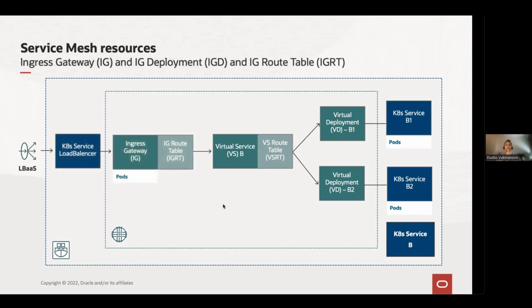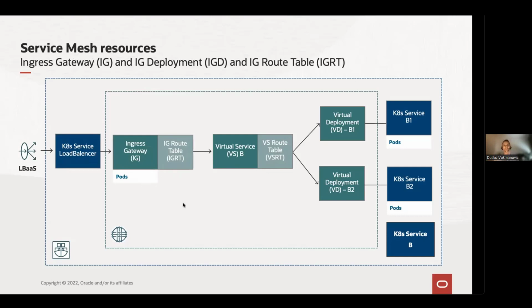And then the way you expose to the external customers is using Ingress Gateway. Notice here that the blue parts are part of the Kubernetes deployment, and essentially we don't touch them, but the green parts are mesh resources that we are introducing.